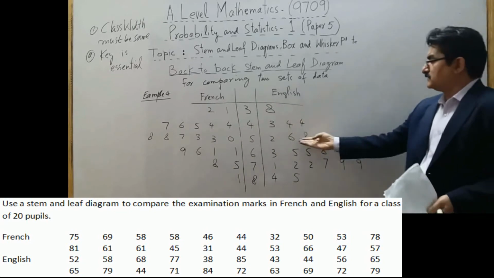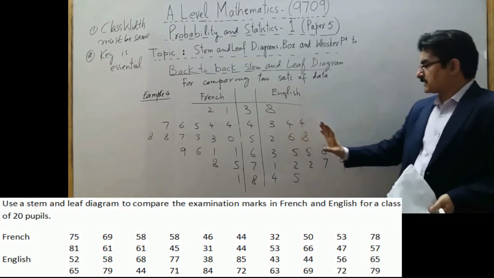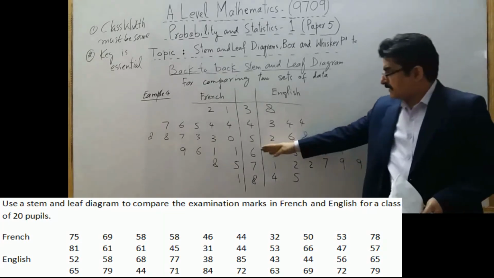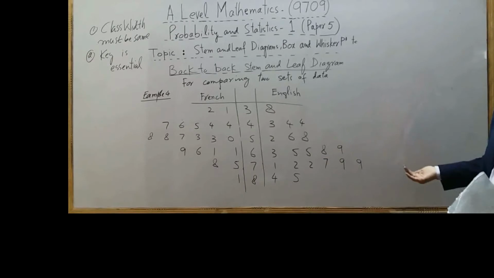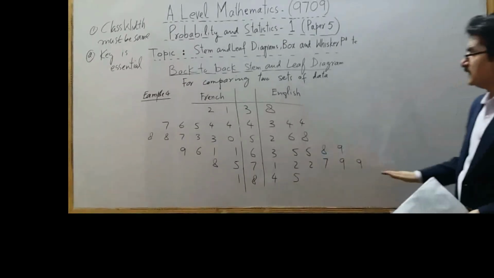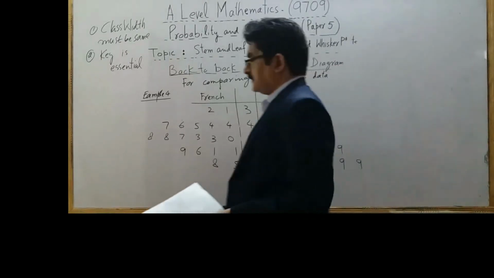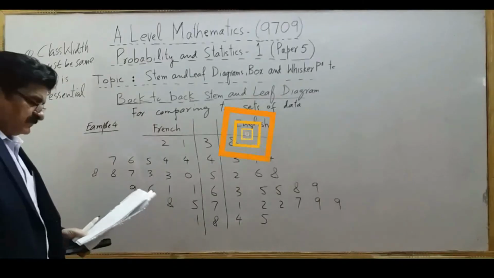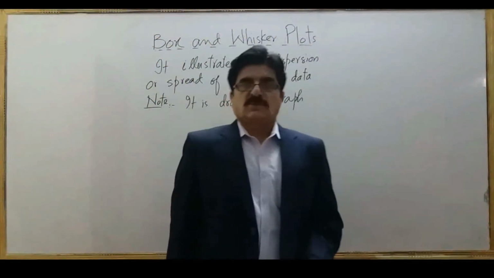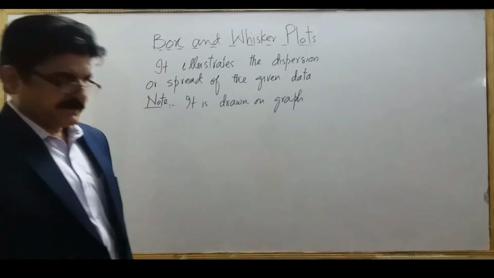When we go after 60, meaning more marks, more than average, there are more students in English than French. So we can say that English students perform better.